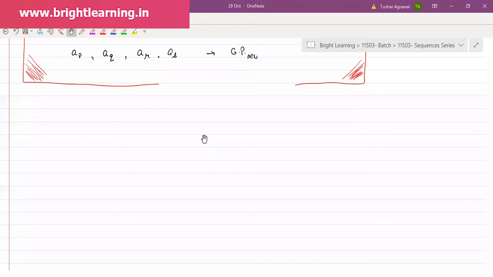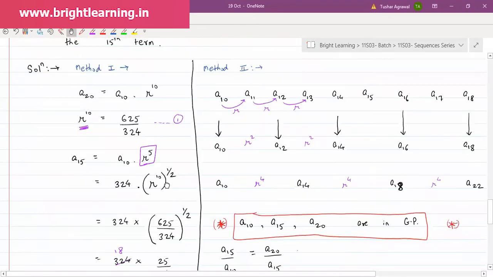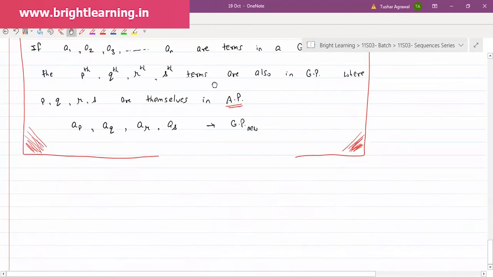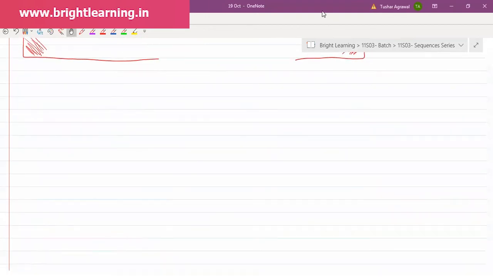So this was the geometric progression. A few questions. How many questions have we done? Question number 5. The next question. Question number 6.